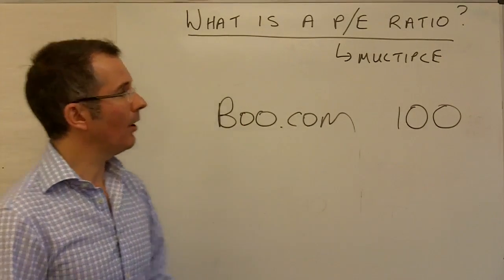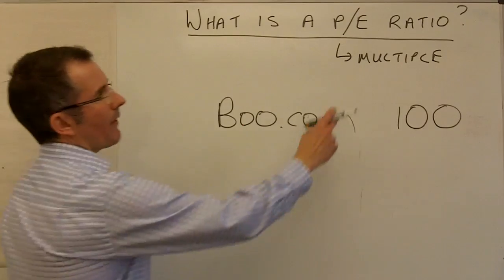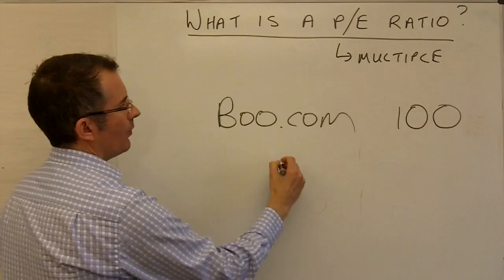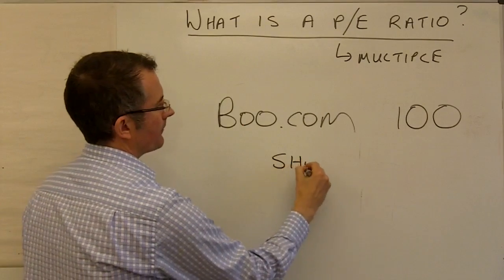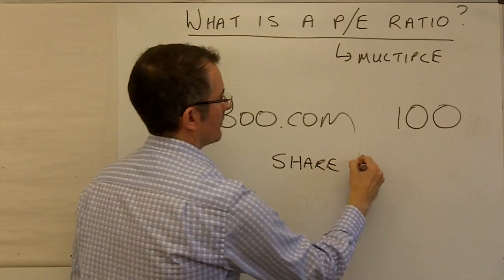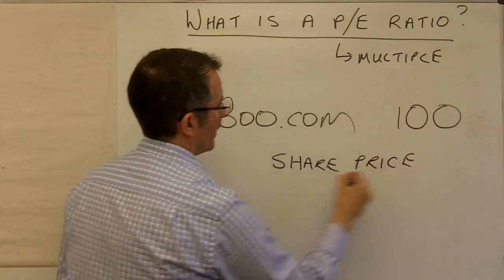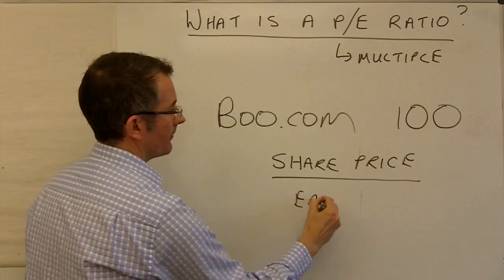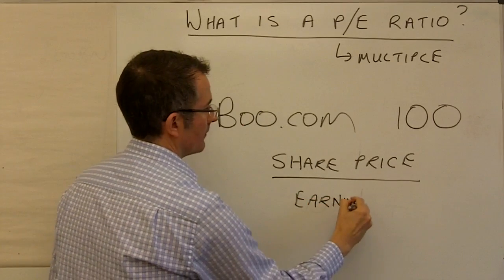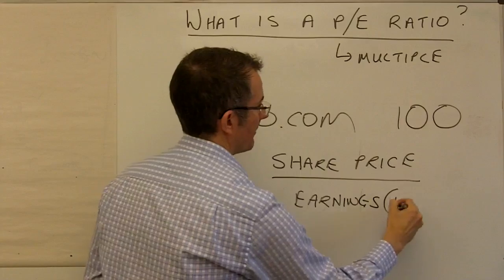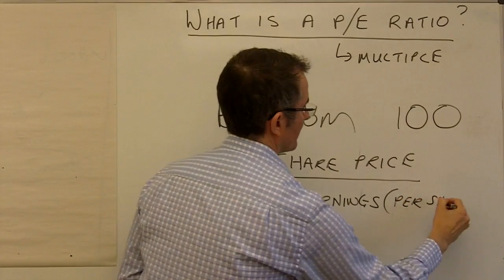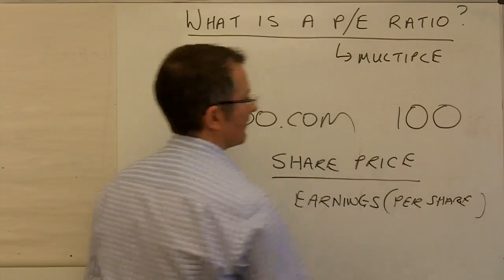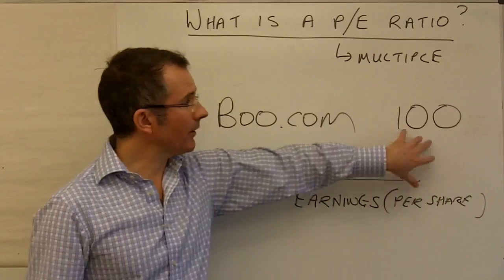No, it isn't, because if we think about what that multiple represented, it was the share price as a multiple, 100 times earnings per share. So in essence, that does tell you something.